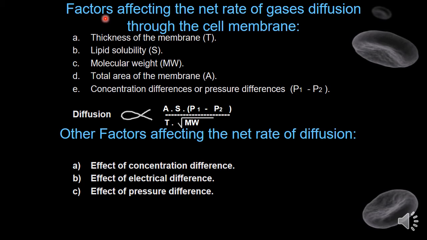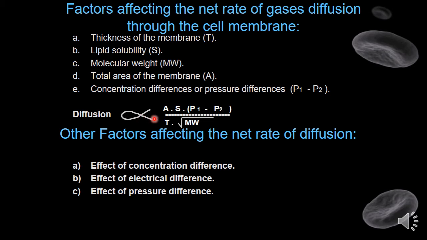This slide is about factors affecting the net rate of gaseous diffusion through the cell membrane. And these are the factors. You can see in this equation, it explains everything about these factors. Diffusion is directly proportional to, that is increased by, an increase in the total area of the membrane, an increase in lipid solubility, and an increase in the difference in the partial pressure between the two sides of the membrane.